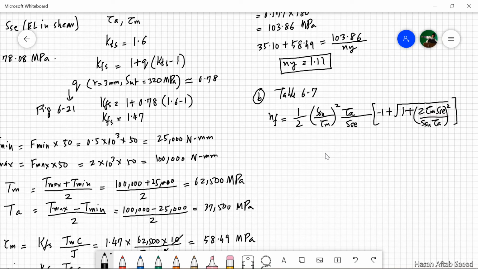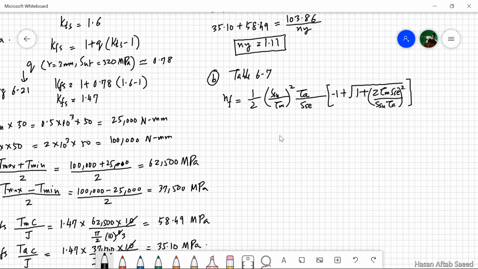So nothing to worry about here. You don't need to memorize this one. Just put in the values. We have all the values already, so no need to calculate anything further here. Same values.